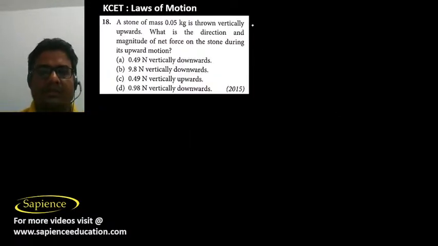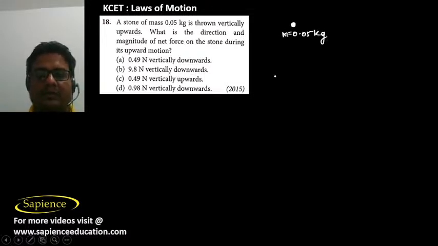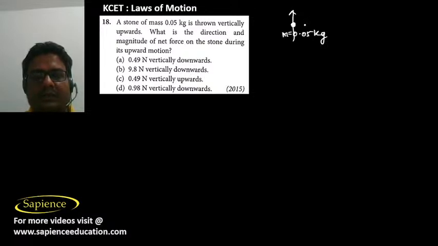Then in question number 18, it is told that a stone of mass 0.05 kg is being thrown vertically upwards. What is the direction and magnitude of the net force on the stone? It's thrown vertically upwards with an initial velocity u.